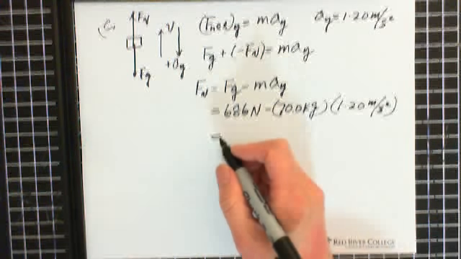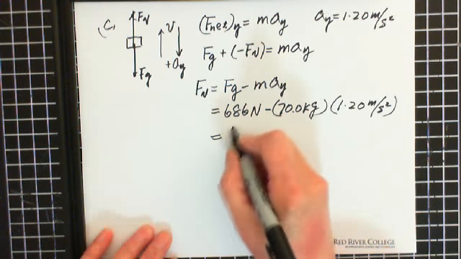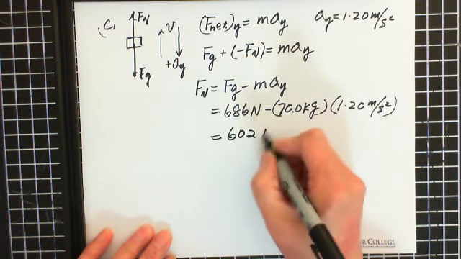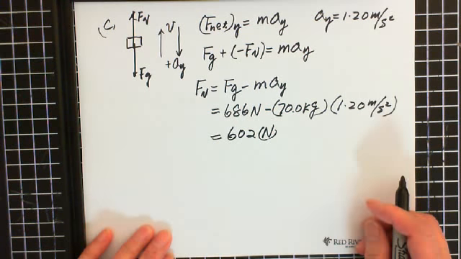We got the answer of 602 newtons. In this situation, even though the elevator is moving upward, because it is decelerating, the reading on the scale is less than gravity, which is losing weight.